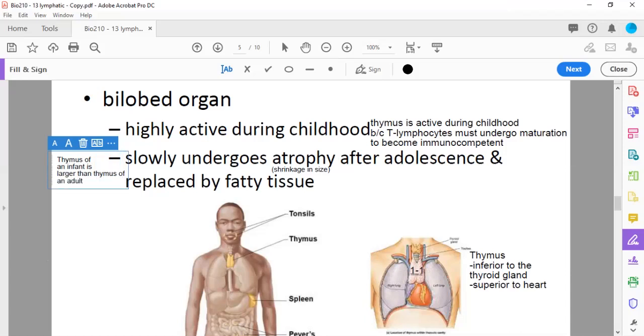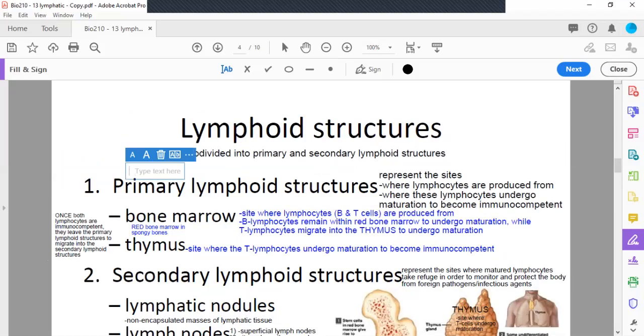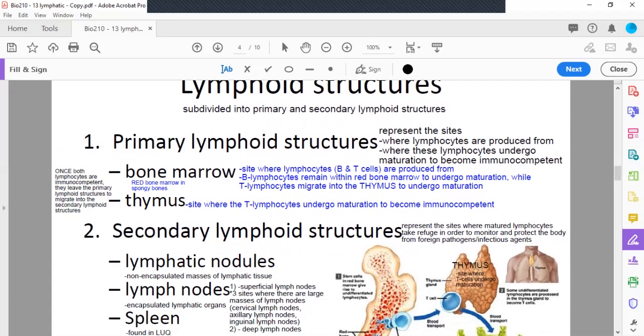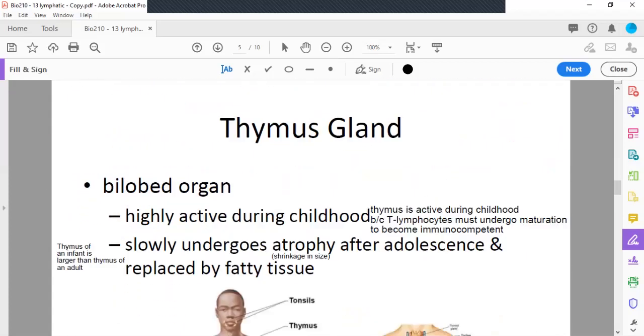The answer is true. So after adolescence, the thymus will be replaced by fatty tissues.